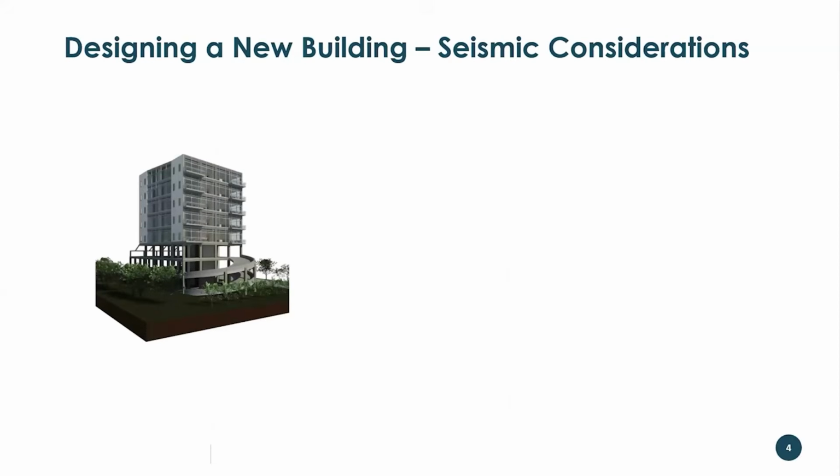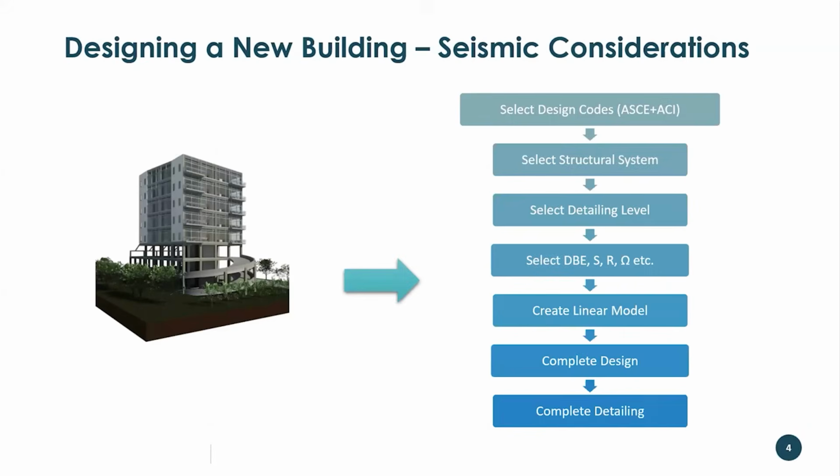Now, if you want to design a new building for seismic consideration, what we will need to do is follow something like this. We will need to select, first of all, which code we're going to use. Let's say we are talking about ASCE and ACI. Then we select the construction system: frame, shear wall, or a combined system, and so on. Then we select the detailing level. Is it going to be normal detailing, intermediate detailing, or special detailing, and so on?